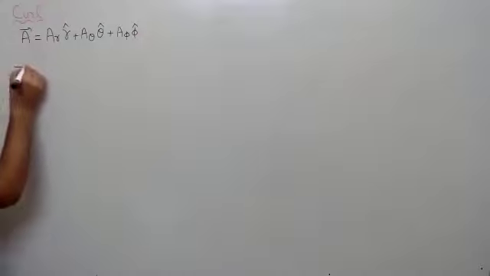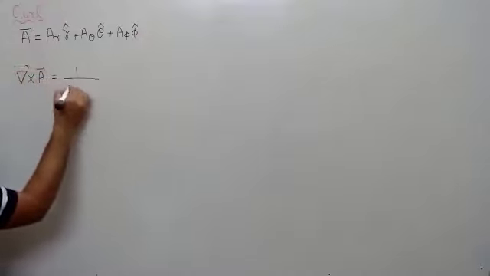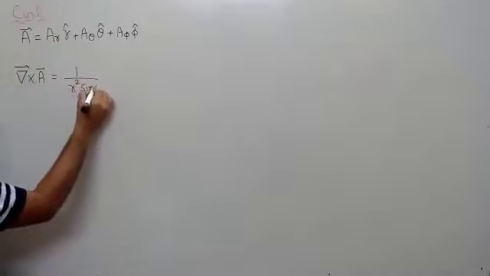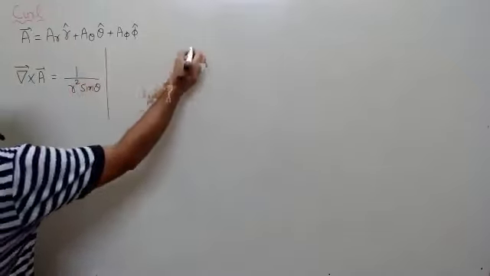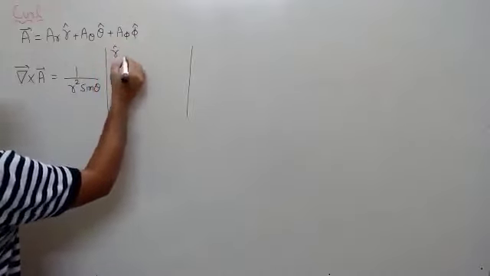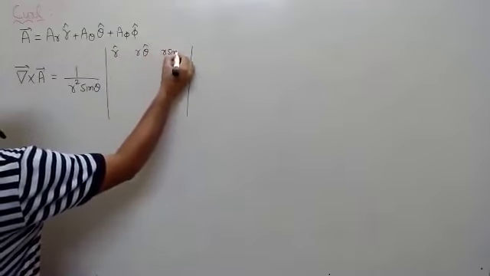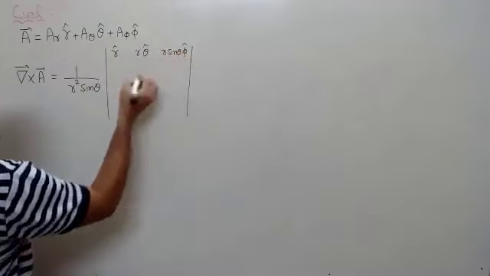So curl of A is given by 1 by r square sine theta, this is a common term, and then you have to expand this determinant. This has r cap, then r theta cap and r sine theta phi cap.